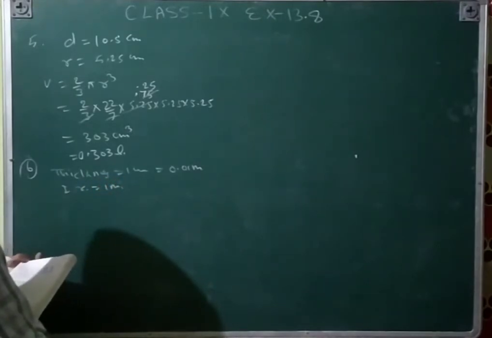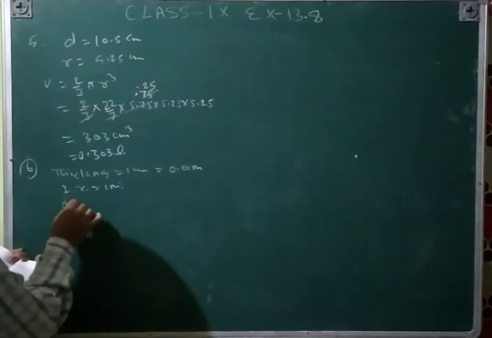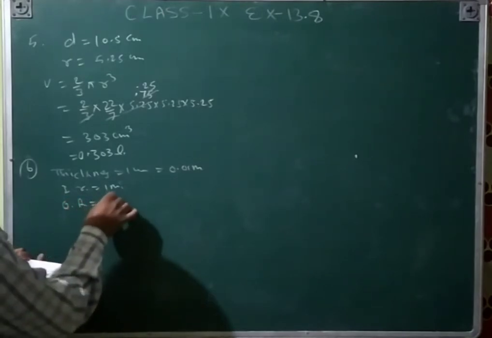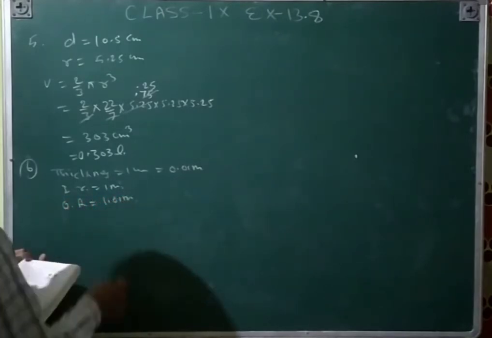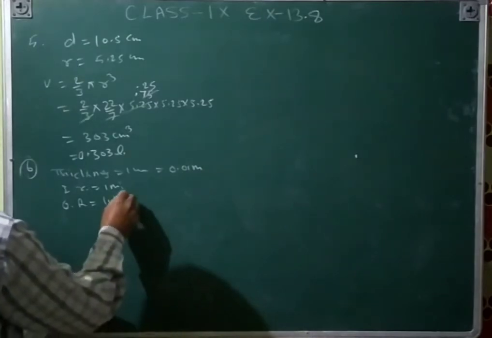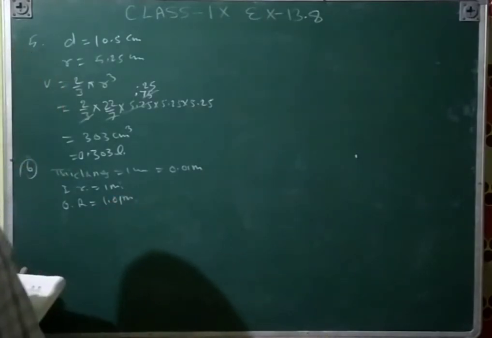Then find the volume of the iron used to make the tank. So outer radius will be 1.01 meter.